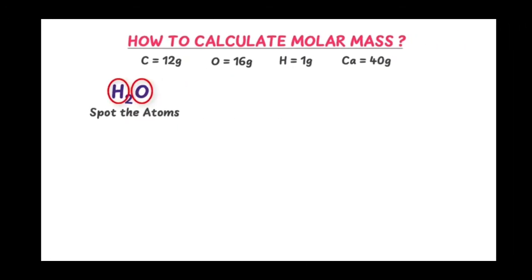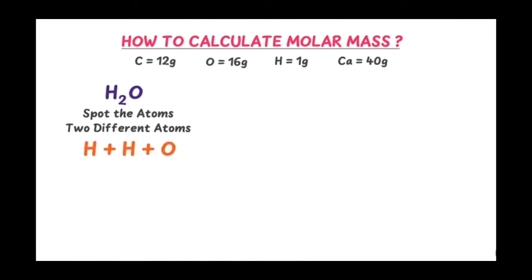Let's take water molecule and spot the atoms present in the molecule. Here, water is made of two different atoms, that is hydrogen and oxygen. Here, we have two hydrogen atoms. So, we shall write as H plus H plus O.